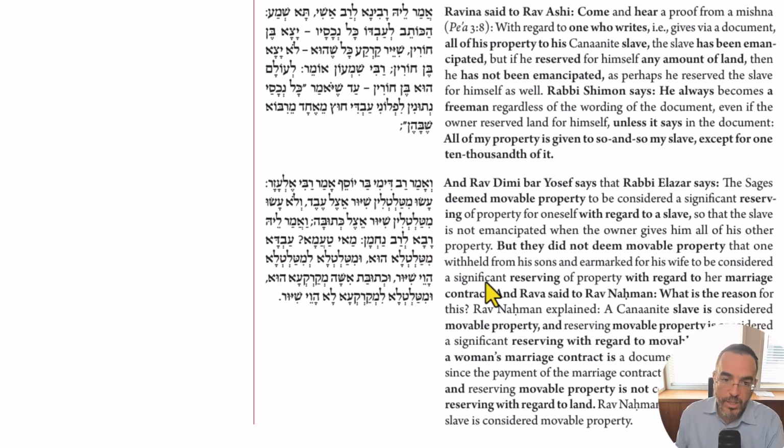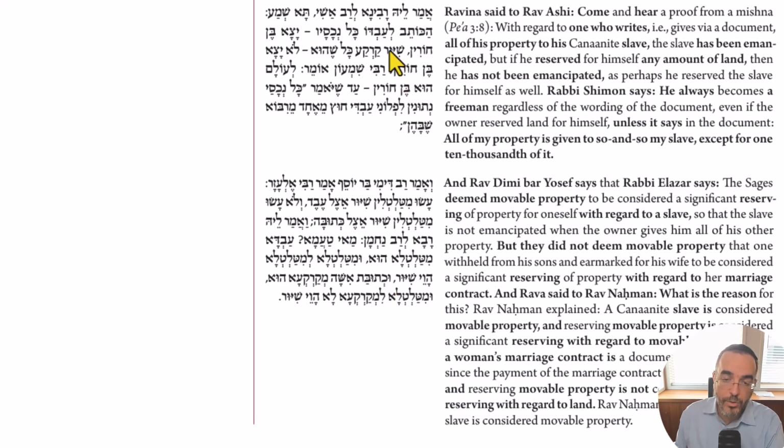He explains the reason is that a slave is a movable item, and therefore a movable item within a movable item, that's considered withholding something. I'm trying to give my slave some things, but I say I'm withholding movable items. A slave is within the category of movable items, and that's why this withholding is significant, and the master keeps ownership of the slave.